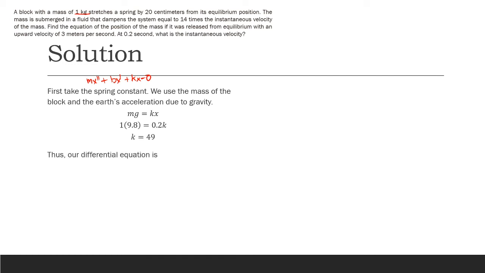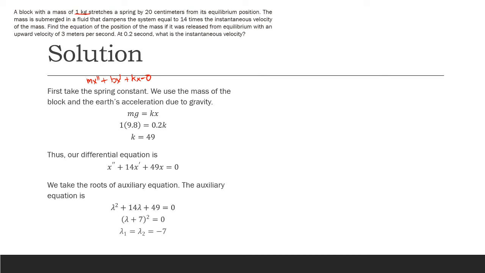So, our differential equation is x double prime plus 14x prime plus 49x is equal to 0. The auxiliary equation is lambda squared plus 14 lambda plus 49 is equal to 0. We take the roots: lambda 1 is equal to lambda 2 is equal to negative 7.